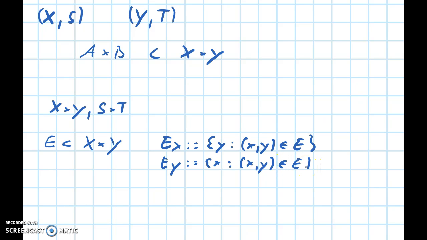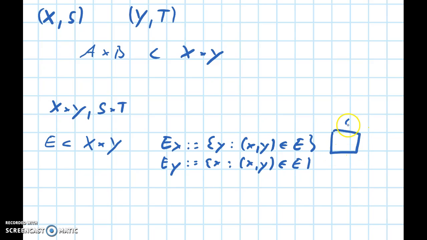So if you want to draw a picture of the X section, for example, let's say E is a rectangle, then this is our, no, that was a little bit wobbly.